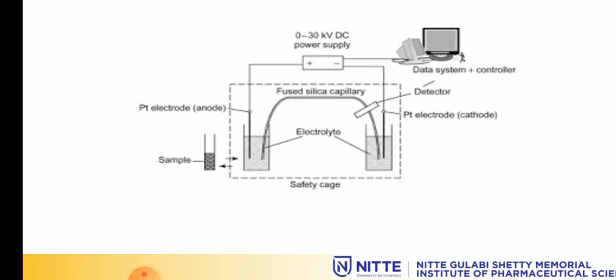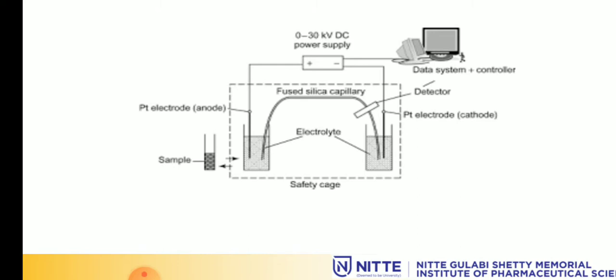When you look into the procedure of fused silica capillary electrophoresis, the migration happens with the help of the potential difference applied here. So it's an electrokinetic separation method performed in capillaries of sub-millimeter diameter.